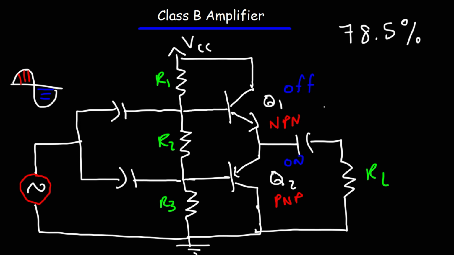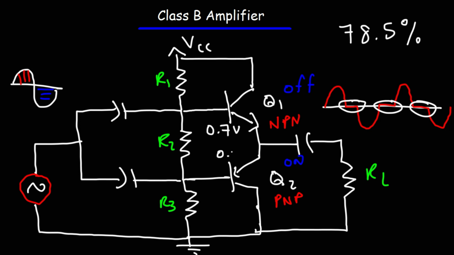Now there's one problem with this particular circuit, besides the efficiency not being 100%, and that is crossover distortion. The output doesn't look like a nice pure sine wave. Instead, it looks something like this. My drawing is not perfect, but that's what it is. Now the crossover distortion is created due to the fact that the emitter base voltage of each of the two transistors is approximately 0.7 volts.